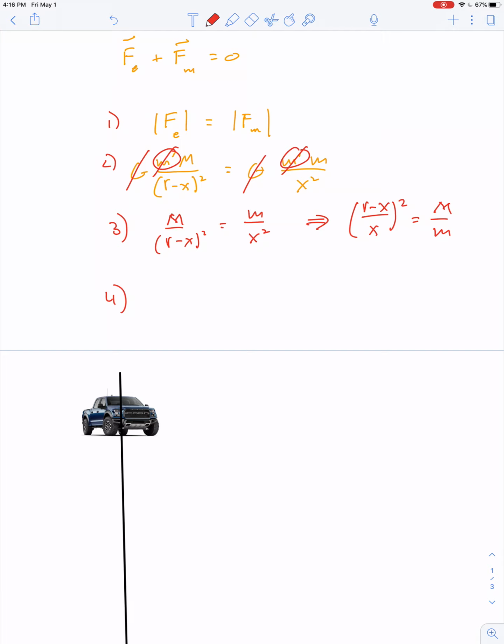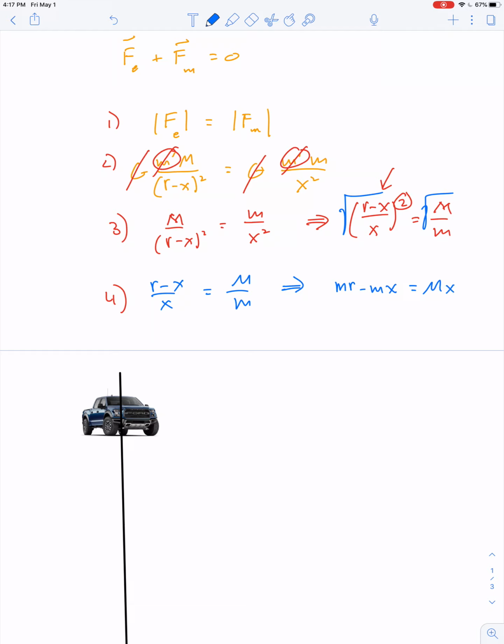So you might be tempted to expand this expression by squaring it, but maybe an easier approach would be just to take the square root of both sides of the equation. So we get r minus x over x is equal to the ratio of the mass of the Earth divided by the mass of the Moon. And this gives us m r minus m x equals capital M x.